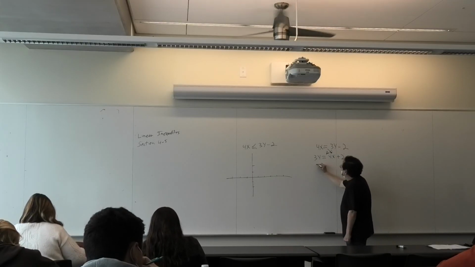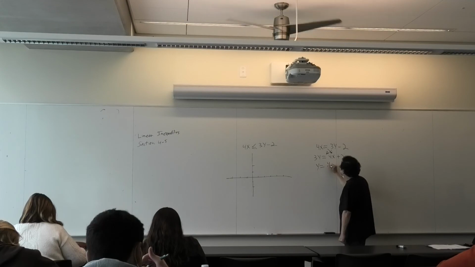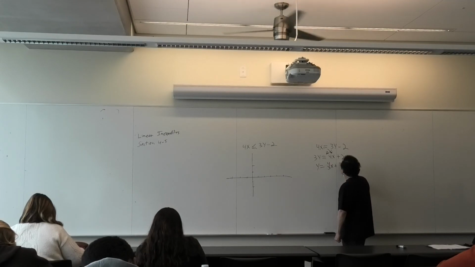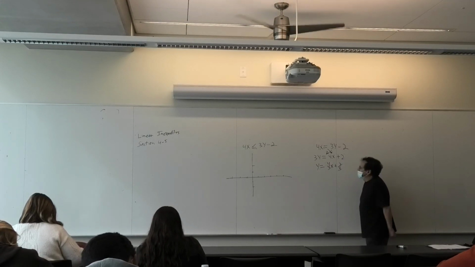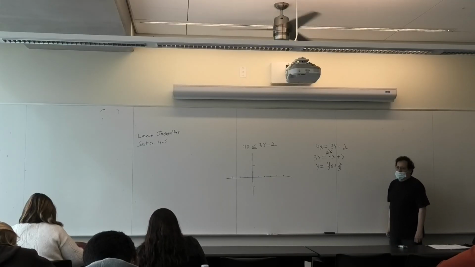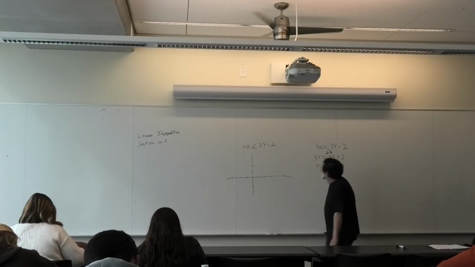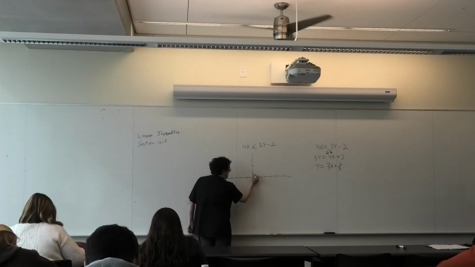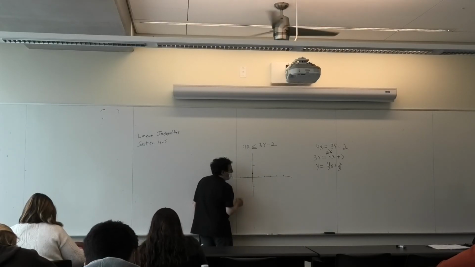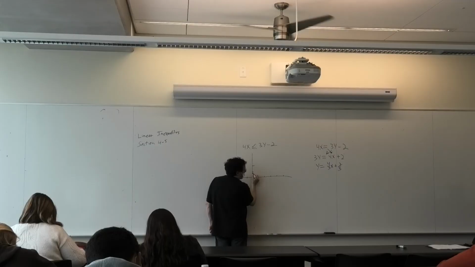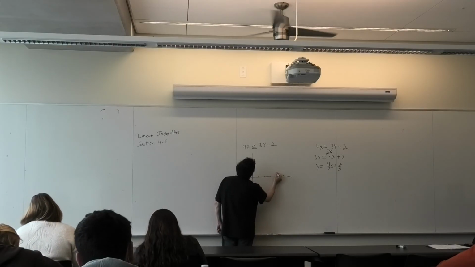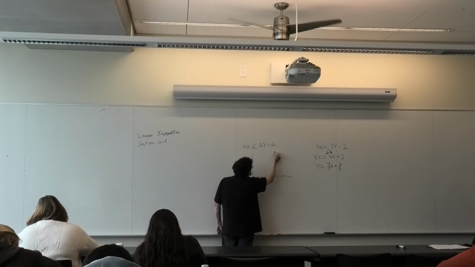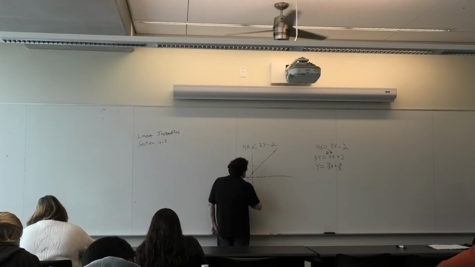I divide by 3. And there's my y-intercept form. So my y-intercept is 2/3, and I'm going to go over 3, and up 4, and I'm going to draw a line.